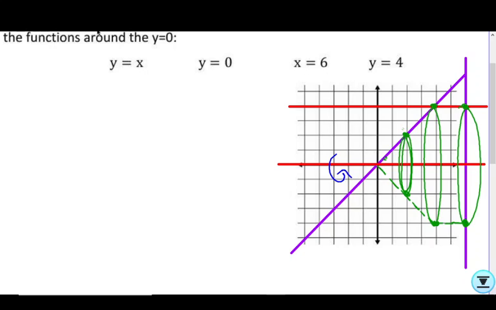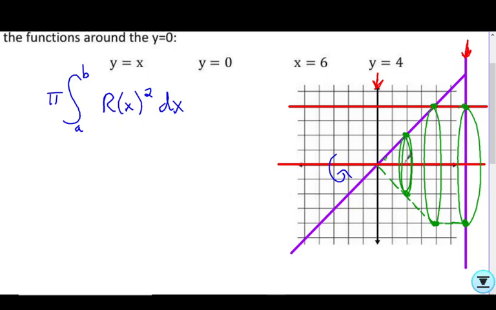Now, since we're rotating it around a horizontal line, we're going to be using this equation from a to b, where my radius is in terms of x, squared, dx. Now, here's the thing. My solid starts here and ends right here.